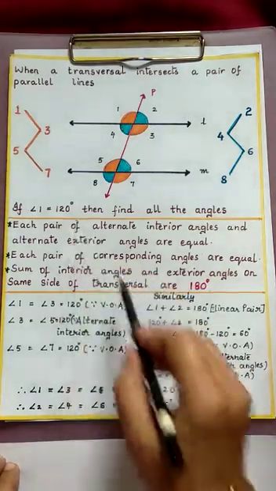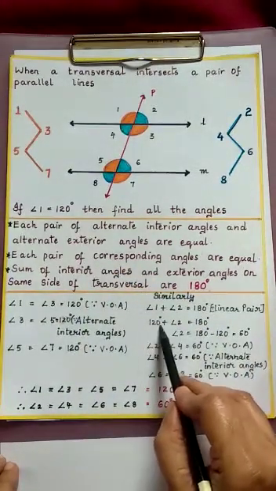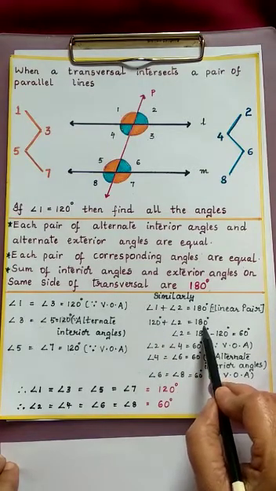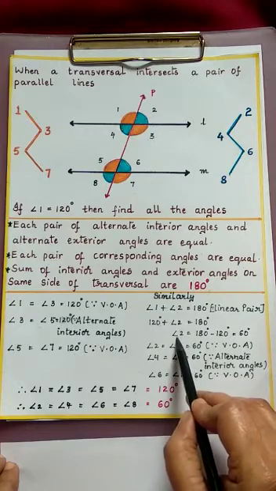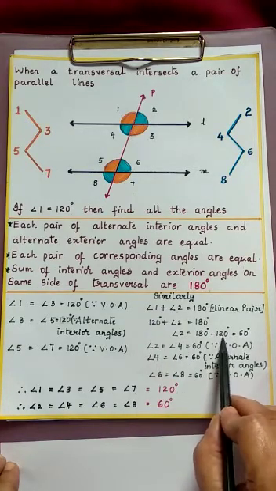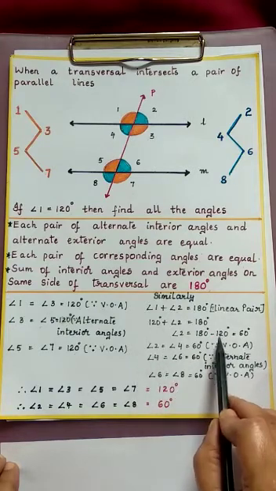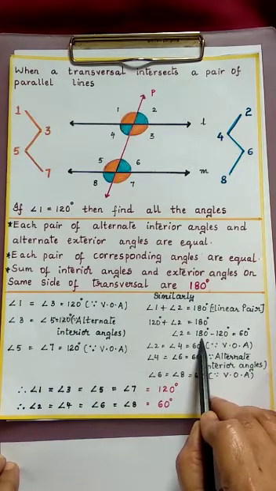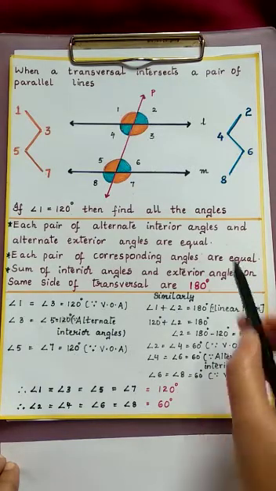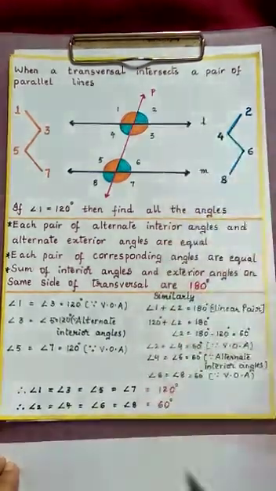Now we know angle 1 is 120 degrees, so 120 degrees plus angle 2 is equal to 180 degrees. Now how do we get angle 2? Transpose this 120 degrees to the right side. As it is plus, you do subtraction. 180 degrees minus 120 degrees is 60 degrees. Now we got angle 2 as 60 degrees.